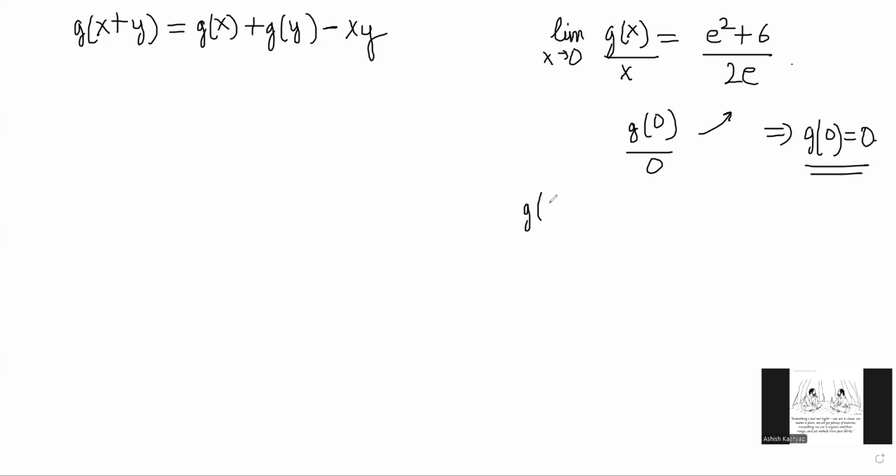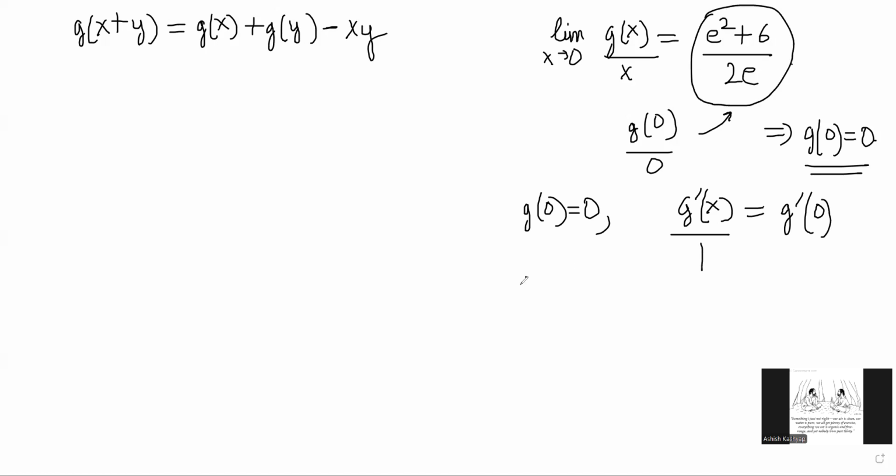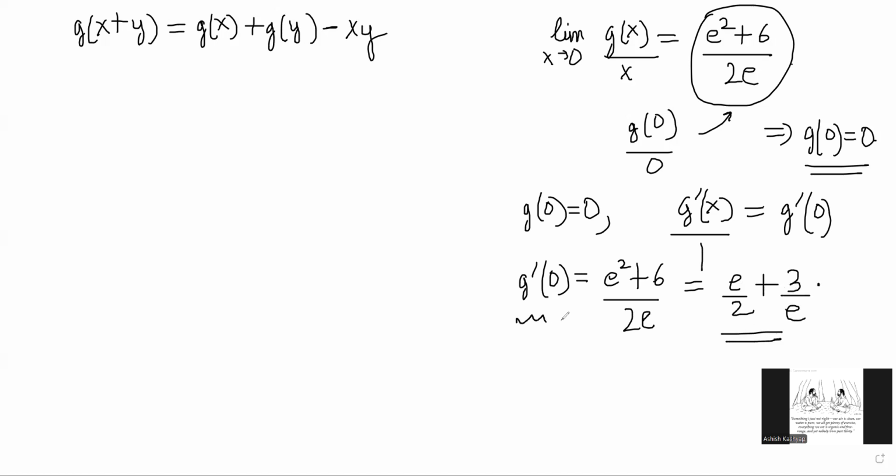So we know g of 0 is 0. And then by L'Hopital's rule, I can write it as g dash x by 1, which implies g dash 0 is equal to this limit, right? So we also get g dash 0 is equal to e square plus 6 by 2e, and that can be simplified as e by 2 plus 3 by e, right? So we are getting g dash 0 value and g of 0 value from this limit condition, right?